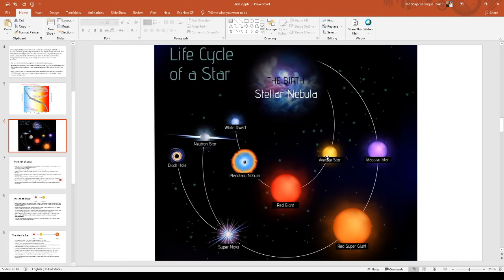These are the small guys, like the sun, chilling guys. Low mass stars, not that big a deal. And then the large mass stars, huge massive stars. Average low mass little guys follow one life cycle, and the massive stars follow a totally different life cycle.